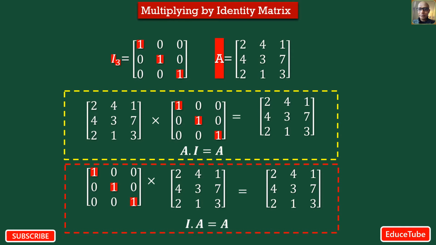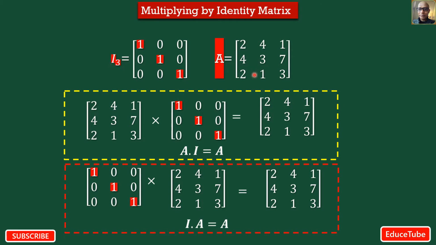So that was in the previous slide, a 2 by 2 matrix. But here we are considering a 3 by 3 matrix A, and this is the identity matrix 3 by 3, so I3.